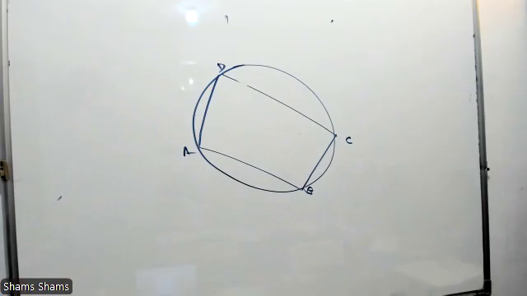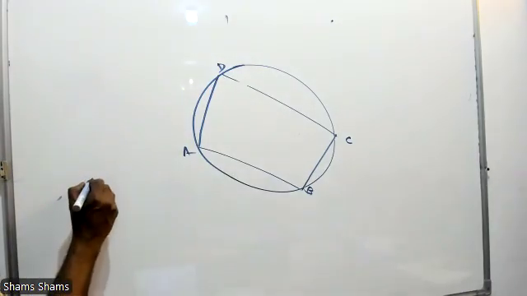Right. The sum of either pair of opposite angles of a cyclic quadrilateral is 180 degrees.